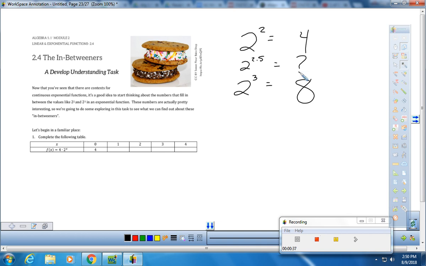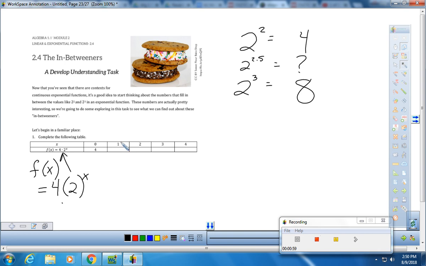So let's complete the table. F of x, I'm just going to make this bigger in case you can't see it. Hopefully you have your paper in front of you. It's 4 times 2 to the x. So that just means we've got to do 2 to the x first, then multiply it by 4.